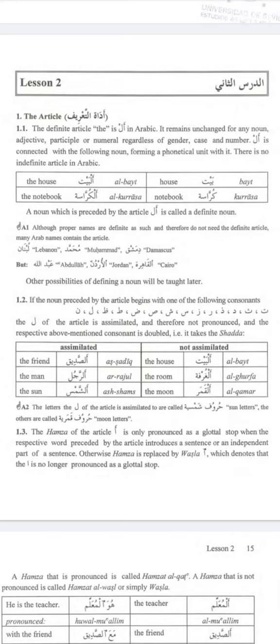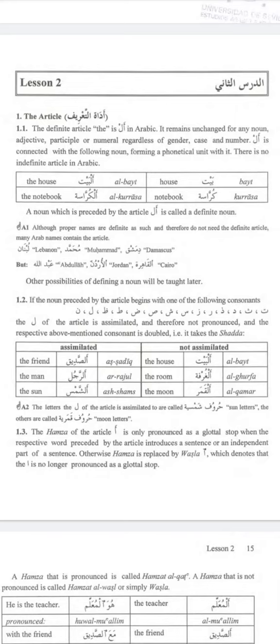And on the flip side, when a word ends with tanween, fathatan, dammatan, kasratan, it indicates that that particular word is an indefinite word. We are going to see numerous examples in this book, but you need to get the foundation right.